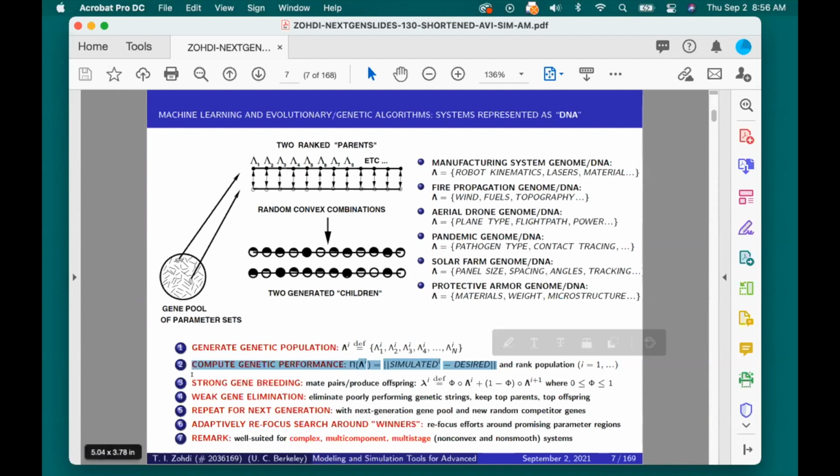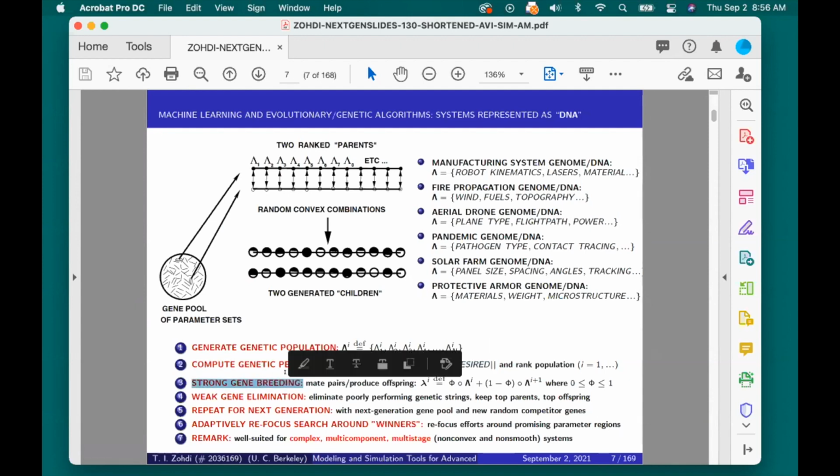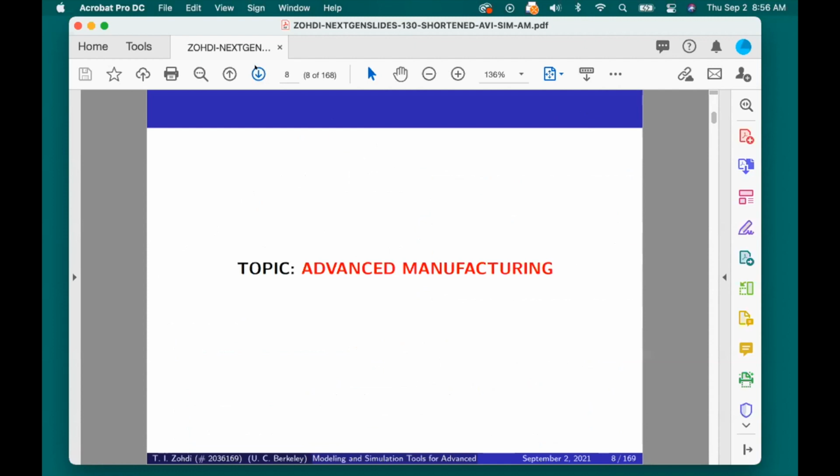We then breed the strong genes, meaning we retain the ones that have done well, meaning they're very close to what we desire. We throw away the weak genes, and we repeat this process over and over again in a tournament of champions. Very similar to genetic algorithms, but with some twists in terms of the machine learning aspects that make this somewhat faster than in previous incarnations of these kinds of non-convex, non-derivative optimization techniques.